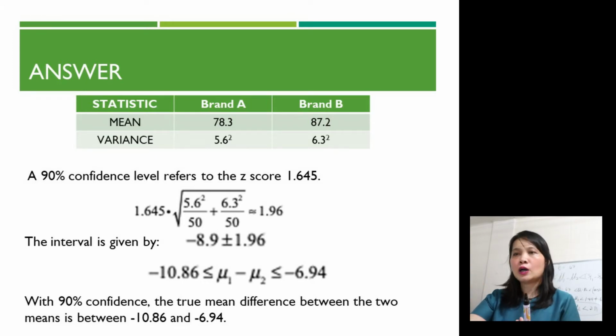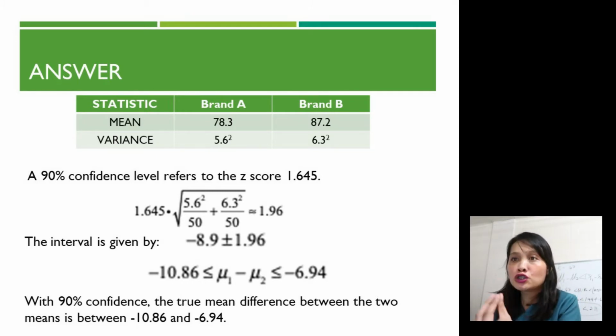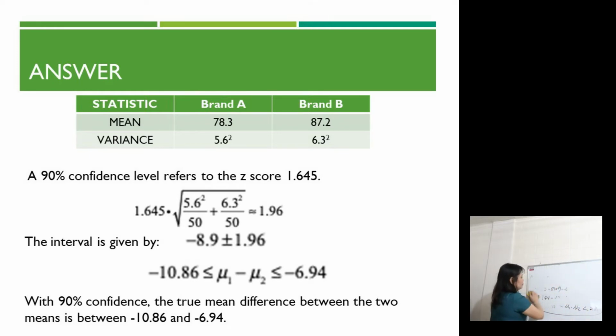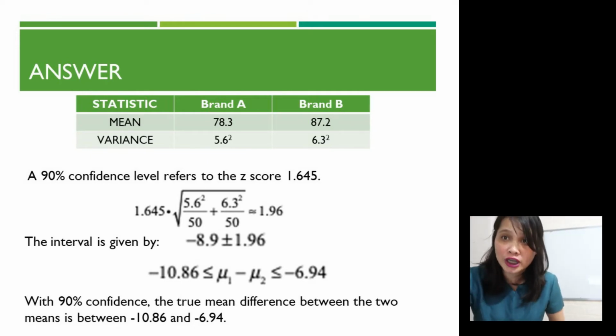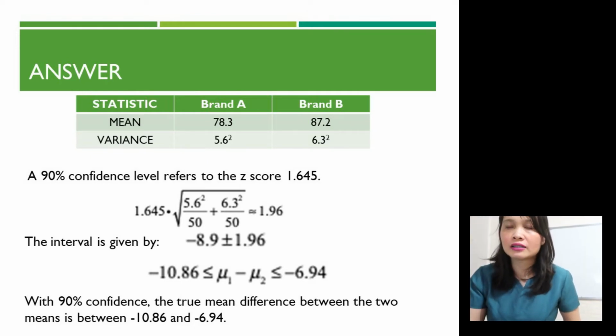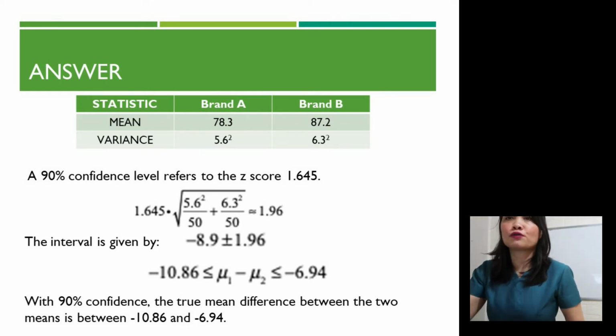Now, construct the 90% confidence interval. How do we construct it? First, you need to determine the margin of error. Since the given is still 90%, your Z alpha is 1.645.